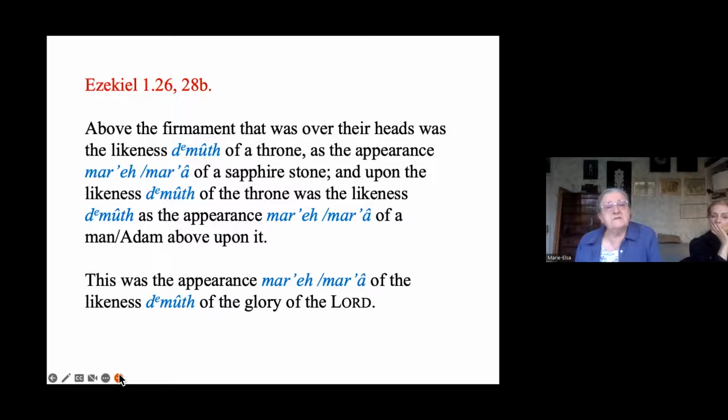And then at the end of this very convoluted discourse, he says, this was the appearance of the likeness of the glory of the Lord. So this is describing that middle state, how they envisaged what was in the Holy of Holies. It was something that was distinct, but it had no actual substance.